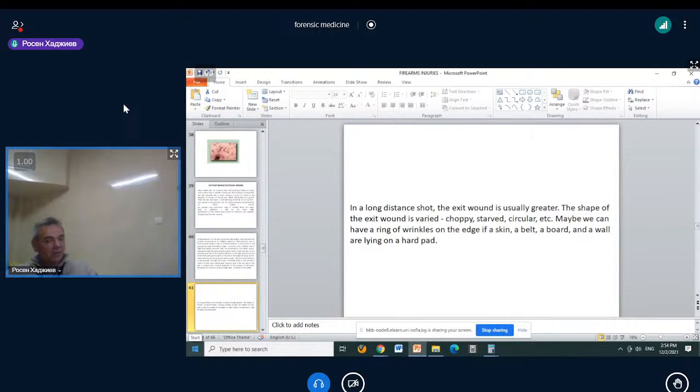In this case, it's very difficult to distinguish which is the entrance wound and which is the exit wound. Always, we have to perform detailed examination and look for these solid objects like belt, board, and wall.